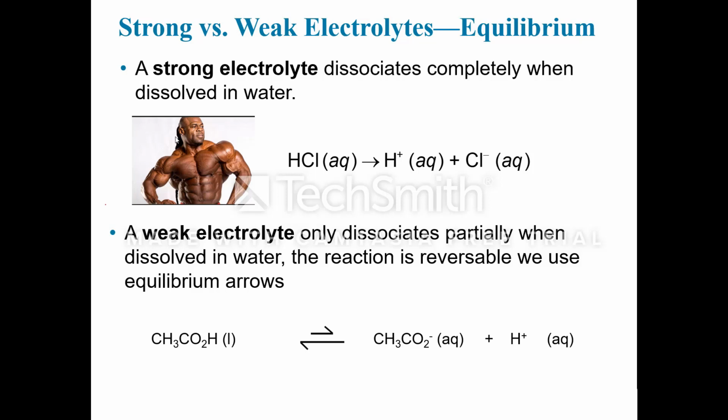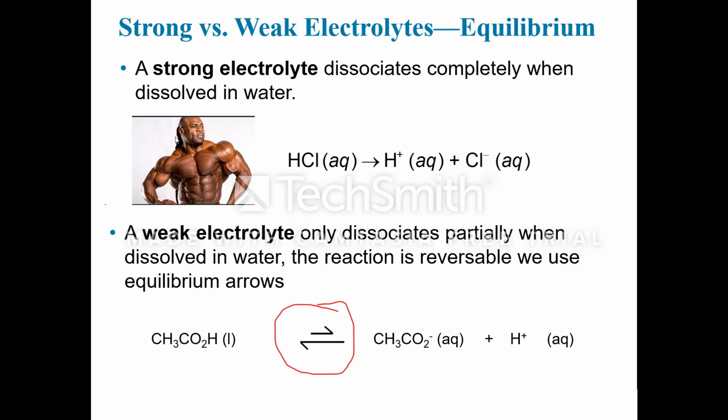If we were to take a look at the molecules and ions formed from the dissociation of acetic acid in water, we would find that most of our sample is acetic acid. Only about 1% of the sample would be the acetate ion and the hydrogen ion. So let's take a look at this arrow, okay?